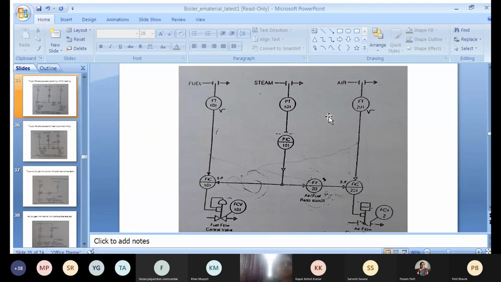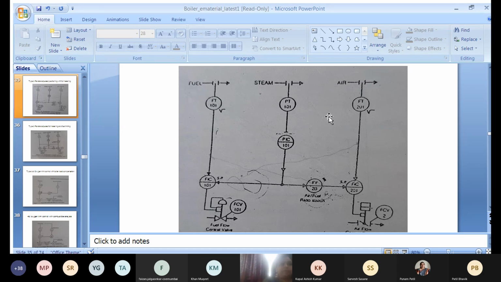Okay. Square root extractor is used to linearize the signal. Please remember, make a note in your notebook. Square root extractor is a unit which is used to linearize the signal and it is applicable only in the flow variable, not in the pressure, level, temperature, density, viscosity, nothing.